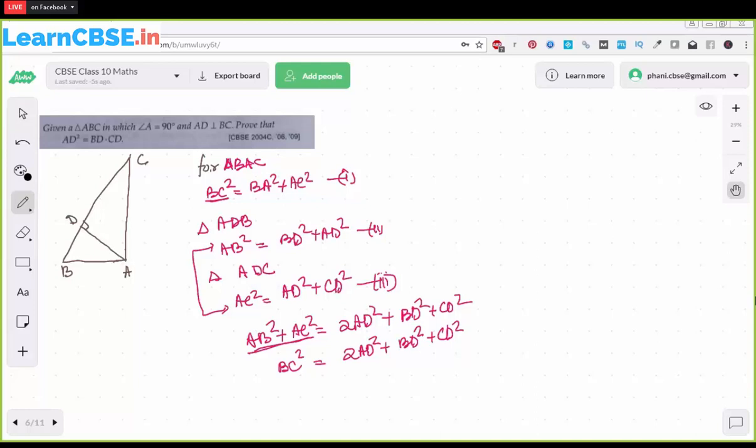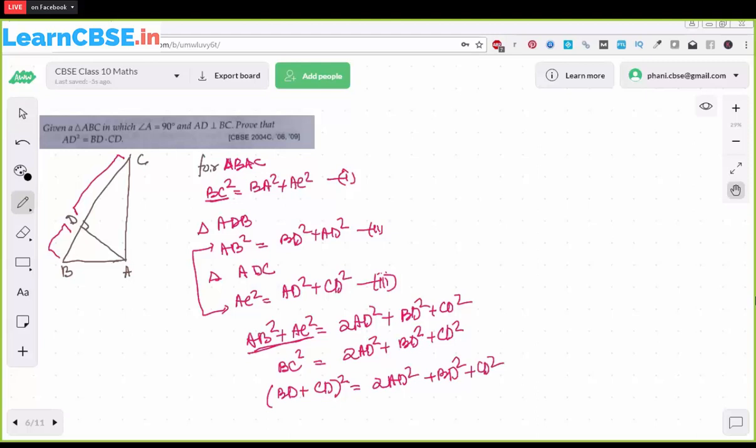Okay. BC can be written as BD plus DC or BD plus CD. So I'm writing BD plus CD the whole square equals to twice of AD square plus BD square plus CD square.